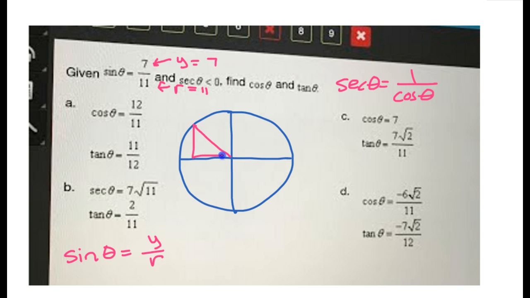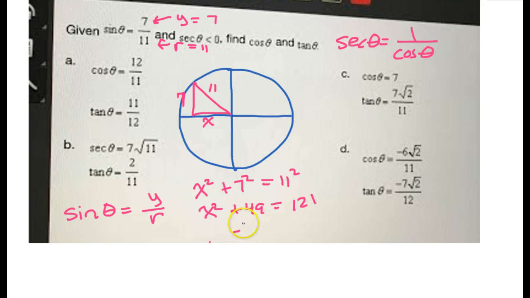So here is our little triangle, and we know that the y is 7, so that's going to be just like this, and we know that r is 11. In order to find cosine and tangent, we're going to need to know the x value. So we can just do the Pythagorean theorem. x squared plus 7 squared is equal to 11 squared. So x squared plus 49 is equal to 121.